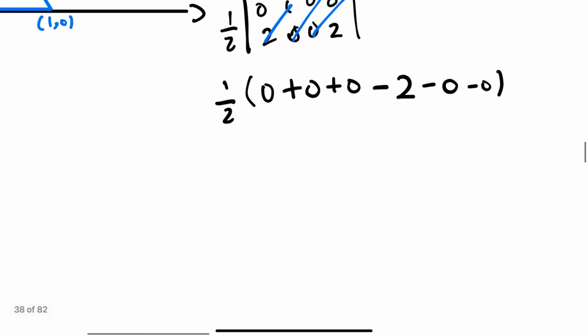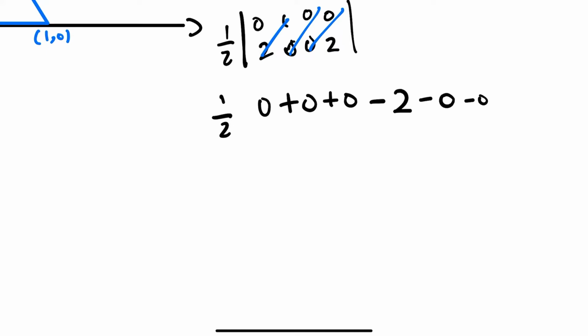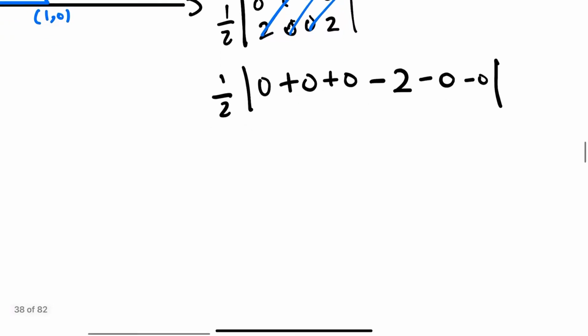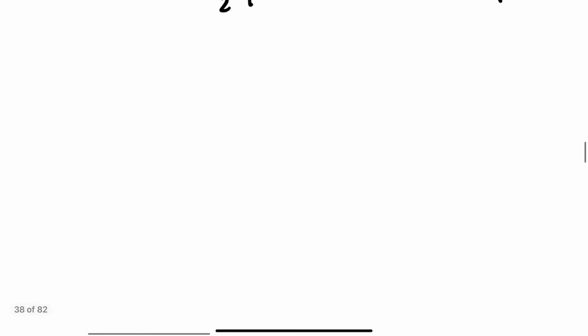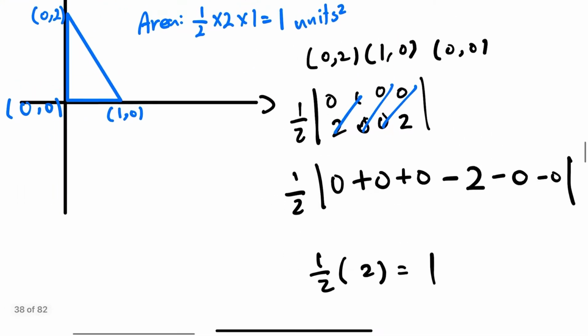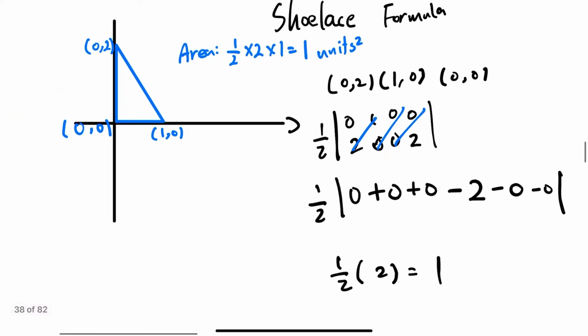So now what we get, this is why we have this absolute value sign. Okay, so 1/2 times 2, 1. So from here we can see 1 unit, 1 unit, so it works.